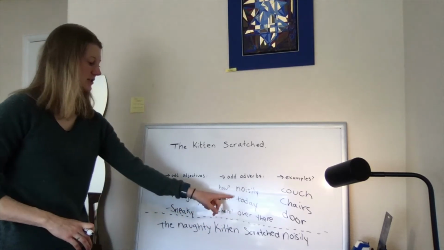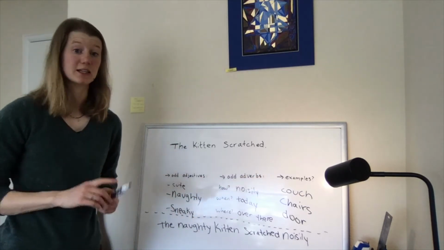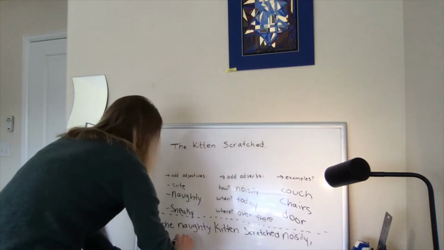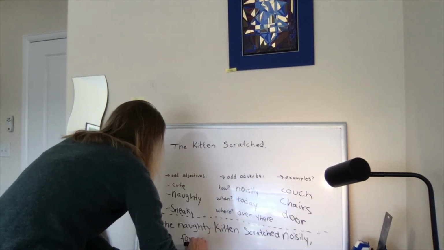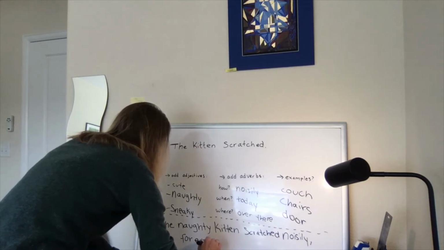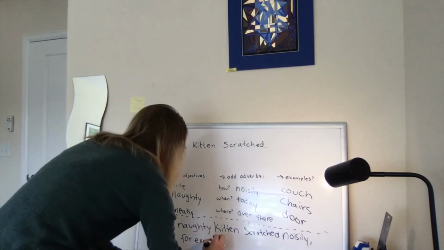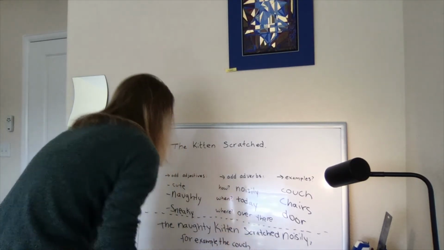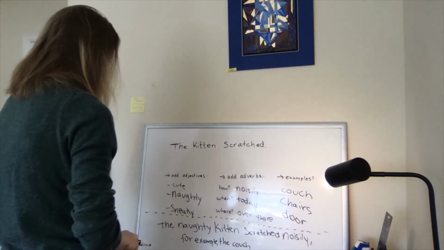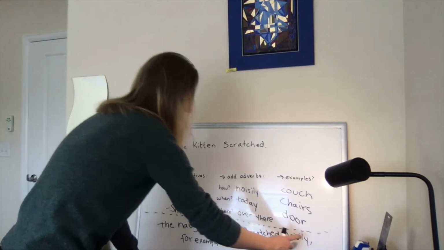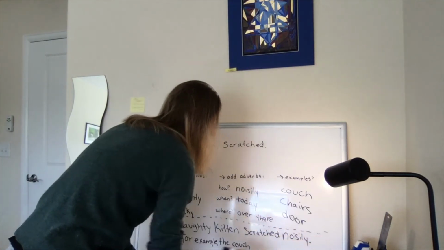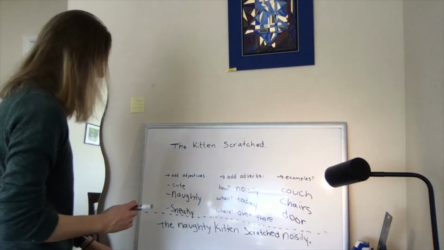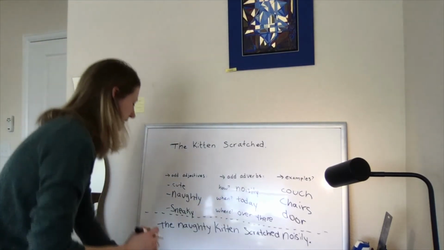But for now, I'm going to skip these two, and I'm going to give some examples of things that the kitten scratched. So I'm going to say, comma, for example, comma, the couch, the naughty kitten scratched noisily. Well, I'm going to make this simpler and actually add a period here and make this a new sentence. Okay, so I've erased my commas, and I'm going to put a second sentence.